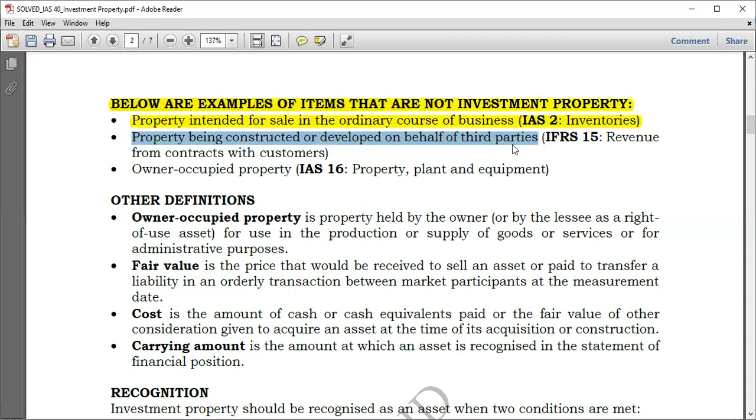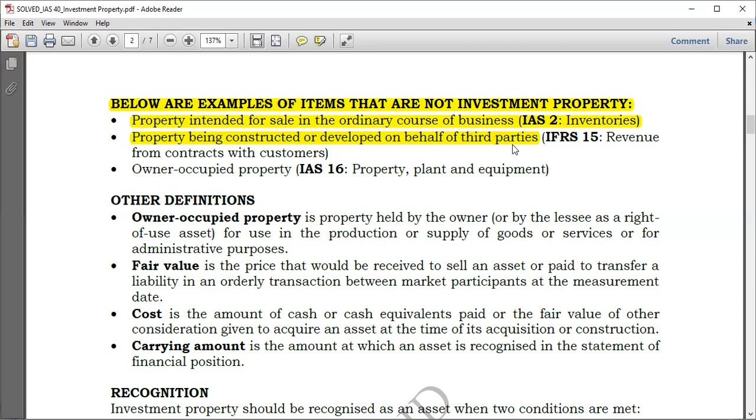This one is obvious. You are making a storey building, maybe someone has come and needs it, and you are a construction company constructing it. It's obvious that it does not belong to you. You are doing it on behalf of third parties, so you expect revenue. You expect to build it, not to own it, but to be paid and to earn revenue.